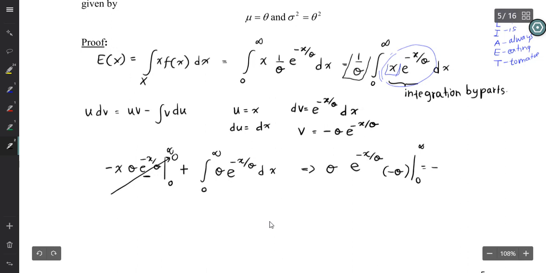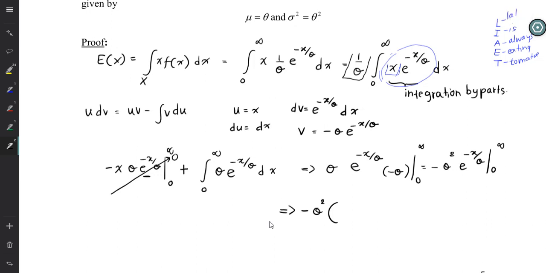You have negative theta squared e to the negative x over theta, evaluate from 0 to infinity. So what do we get? Negative theta squared. When x goes to infinity, you have negative x over infinity, which means 1 over infinity, so that is 0, and e to the 0 is 1. So we end up with theta squared.